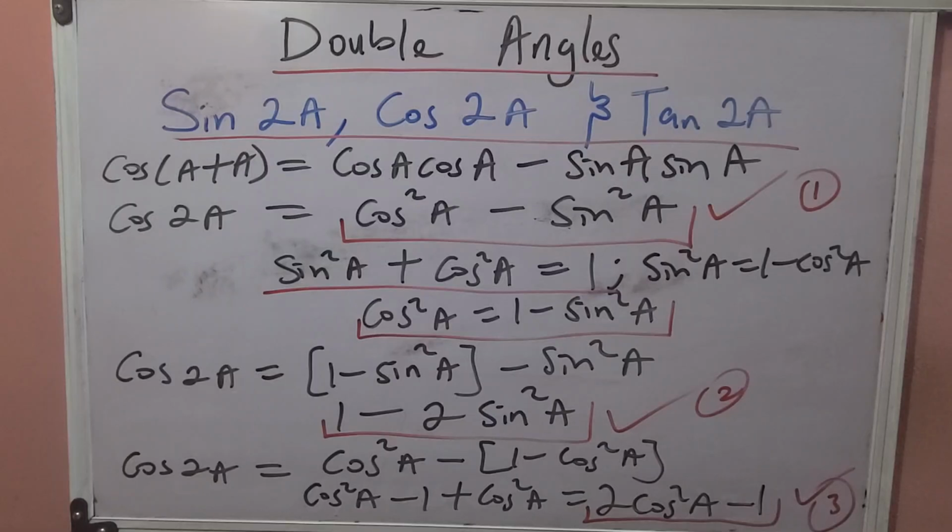So let's go on to solve for the last double angle, that's for tan 2A.